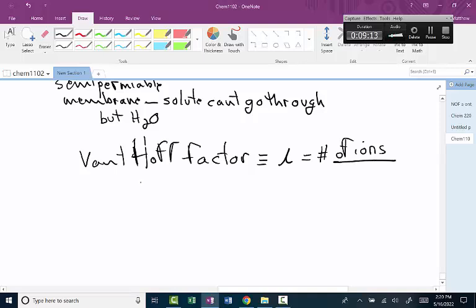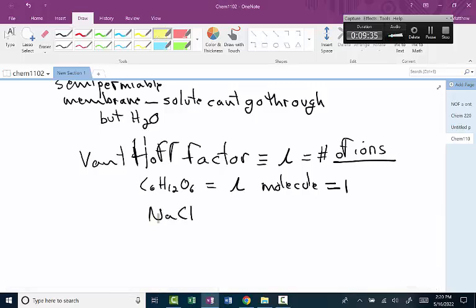So for sugar, sugar is not ionic, it's C6H12O6. The Van 't Hoff factor equals 1. For any molecule, it's equal to 1. But for any ionic compound, for sodium chloride, I have 1 sodium ion, 1 chloride ion, and so the Van 't Hoff factor would be equal to 2. That's an i.